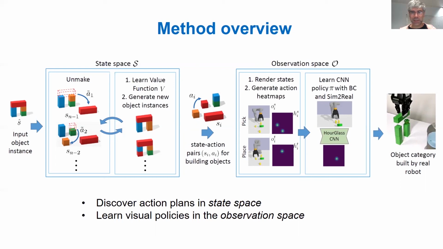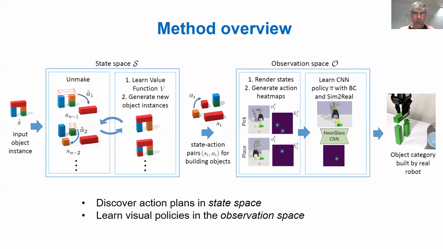And that's what we do. The learned value function helps us to discover the new instances, and then we unmake these new instances and learn the value function and iterate until we discover many different sets of the shape composed from different units.